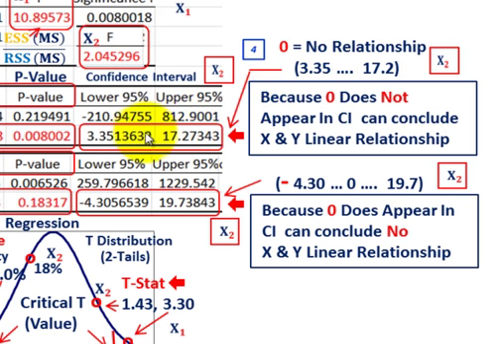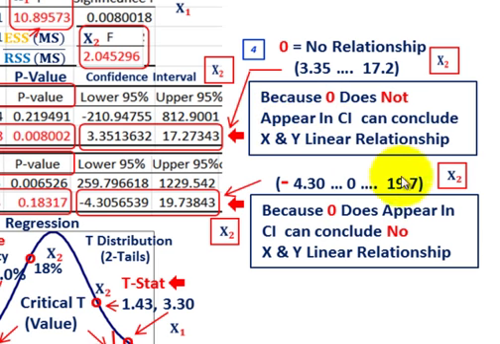It's 3.35 to 17.2. Because 0 isn't in that range, because 0 does not appear in our confidence interval, we can conclude that we have an x and y linear relationship. So that's the other thing you want to look at, those confidence intervals. See what the range is, and see if you've got a 0 in them.